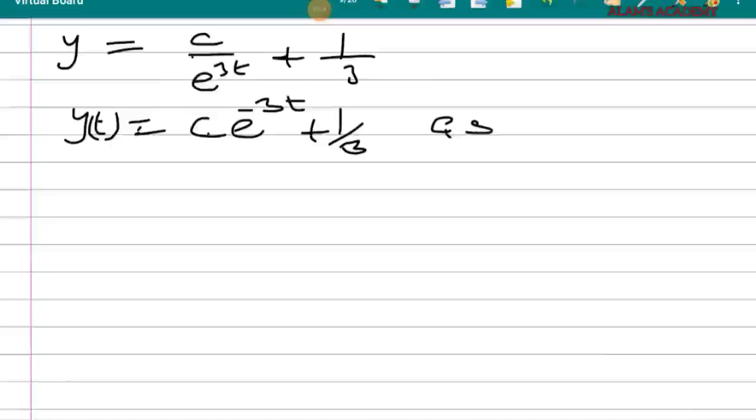General solution because this c is not known.